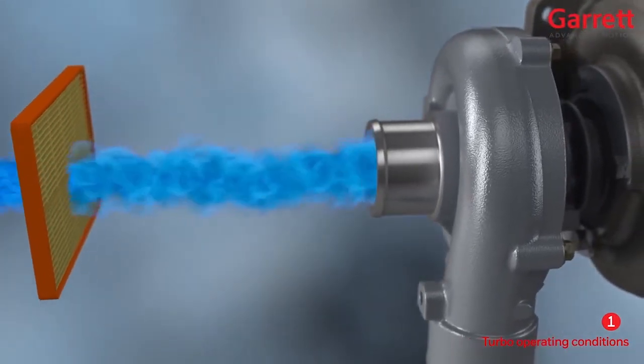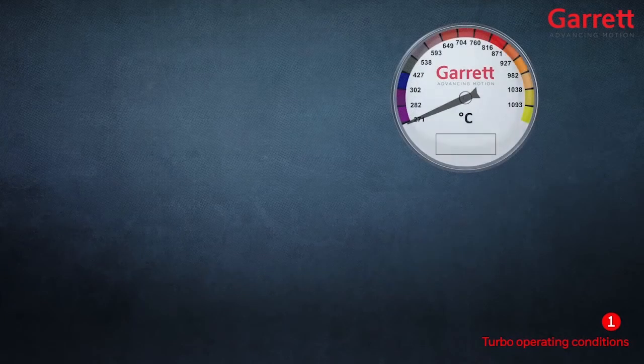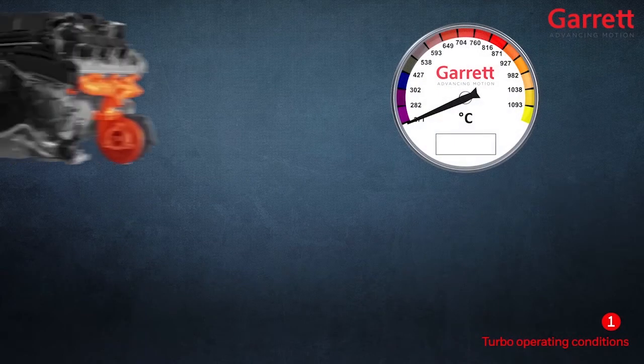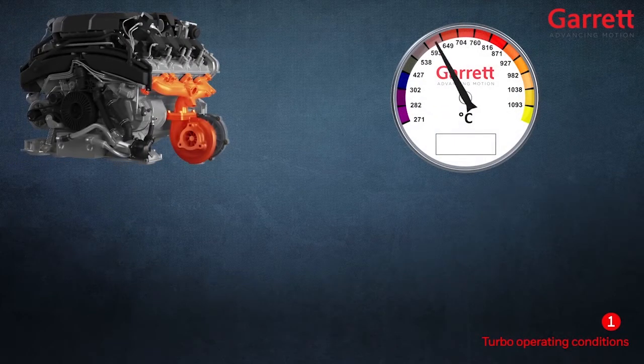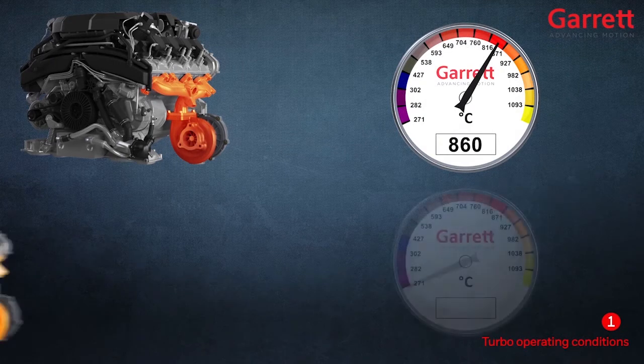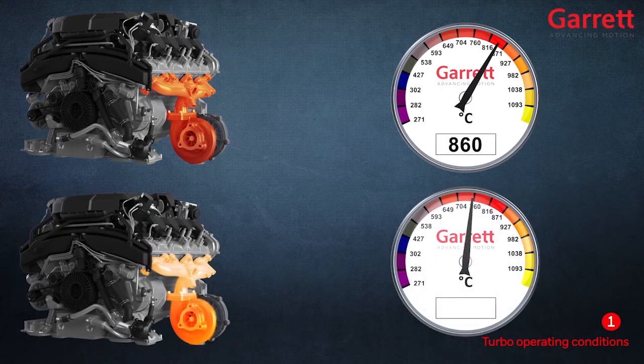The turbocharger is also designed to operate at extremely high temperatures. Modern diesel engines operate with exhaust gas temperatures as high as 860 degrees centigrade, while gasoline engines as high as 1050 degrees centigrade.